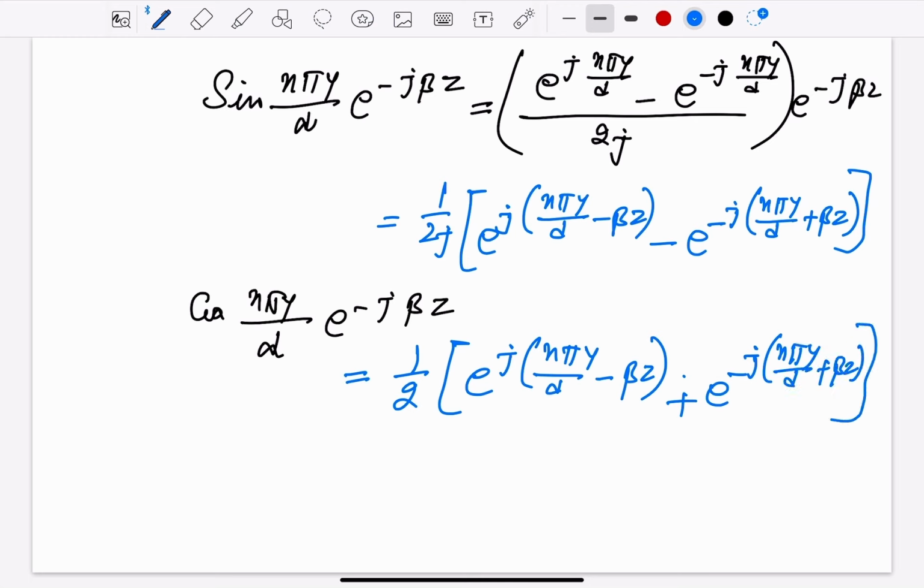In this way we are relating these things, and you are always free to write in terms of the cutoff frequency. With a little exercise you can write lambda by under root 1 minus fc over f, whole squared. So this is the wavelength within the waveguide in terms of the cutoff frequency.